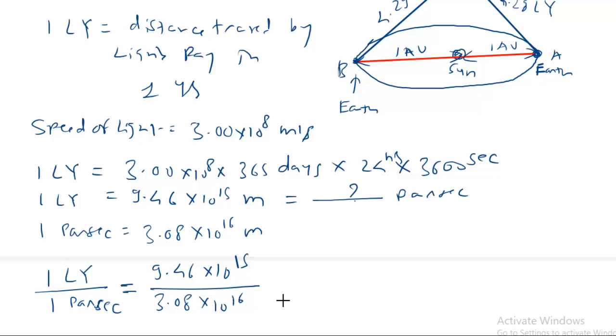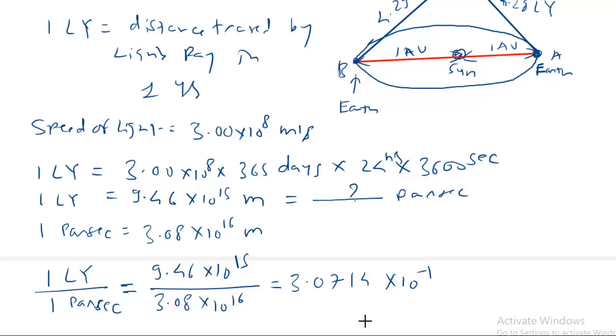And after solving this, we will get a conversion factor that is equal to 3.0714 into 10 raised to the power minus 1.